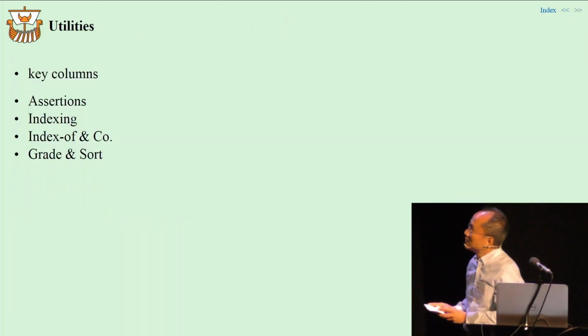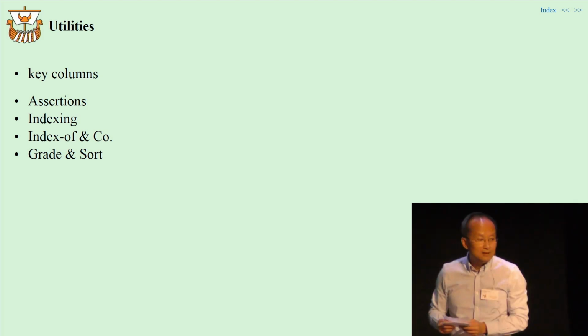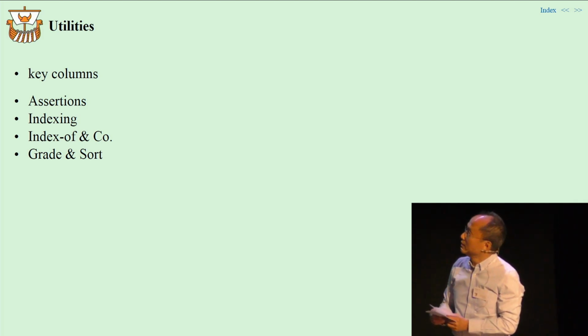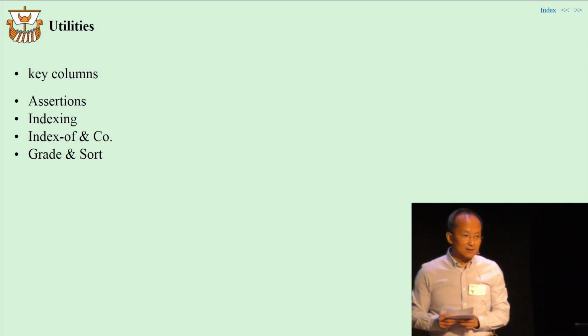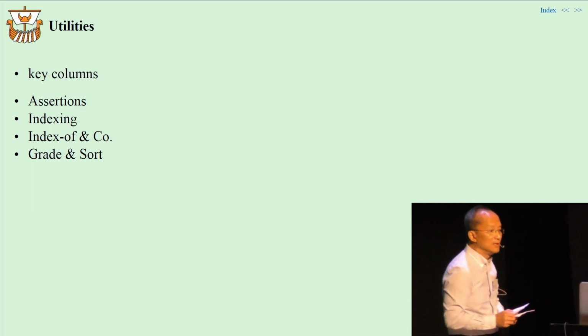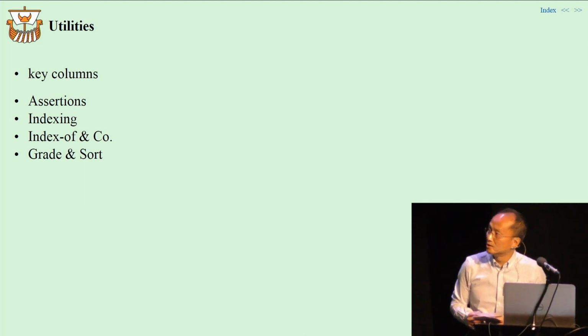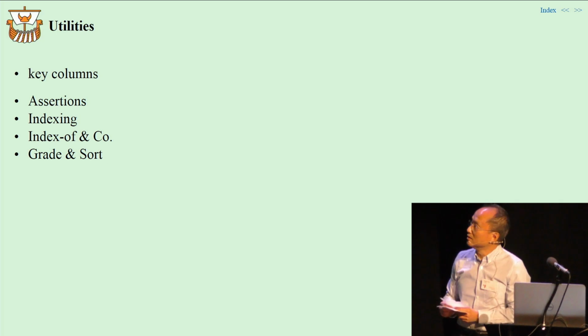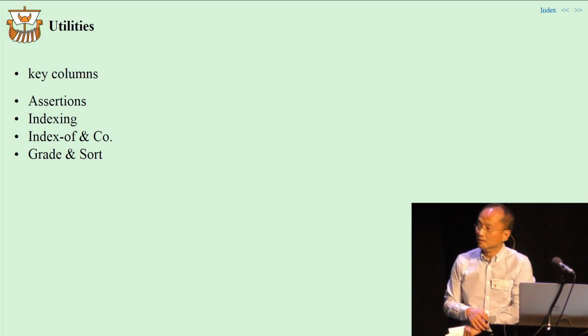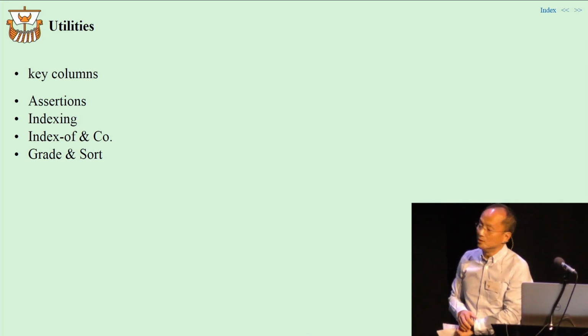So the rest of this presentation will be talking about utilities. One thing to say is that if your table has key columns, probably you want to apply the utilities to just the key columns and not to the entire table.